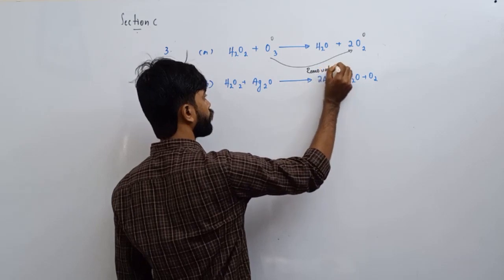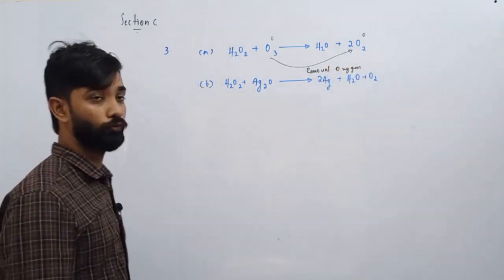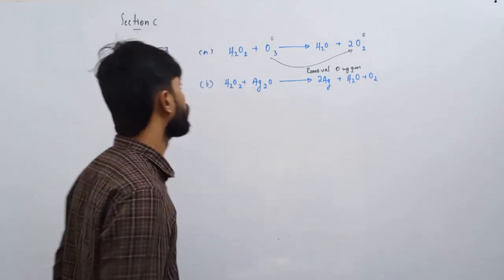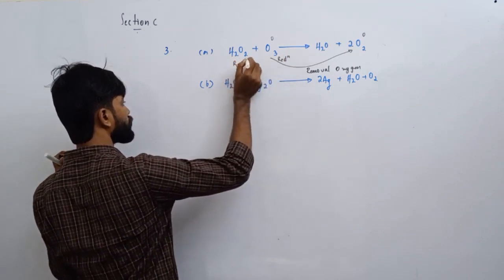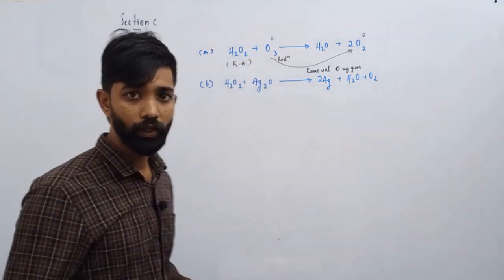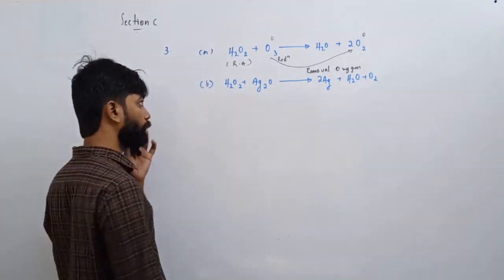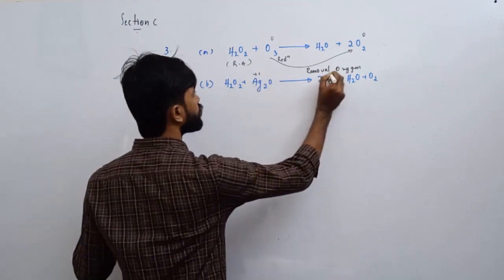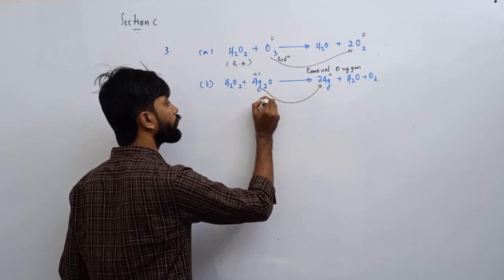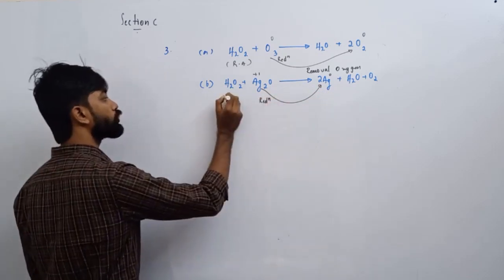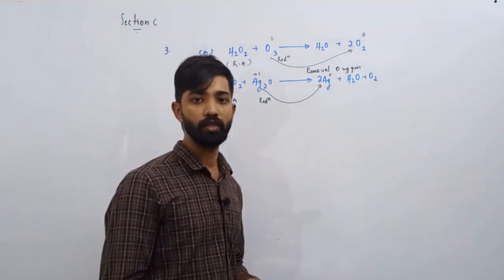If oxygen is removed, then ozone undergoes reduction. So H2O2 will be a reducing agent. Okay. What about the second case? Silver is reduced from +1 to 0. So silver undergoes reduction. So H2O2 is a reducing agent. Okay. So in both cases, H2O2 is a reducing agent.